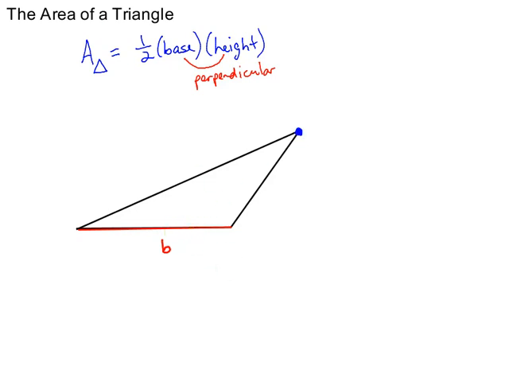But that's no problem. You can extend your base like an axis to measure your height. So you can extend your base so that it lines up with your vertex, and then you can drop a perpendicular line to get your height. So this would be the height of this triangle measured outside of the triangle, but yet you get a 90-degree angle that's perpendicular to your base.